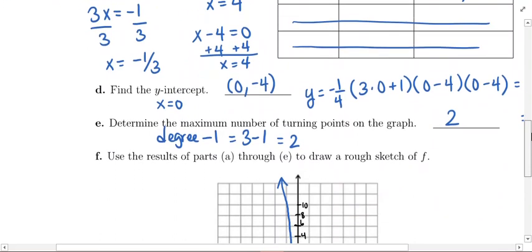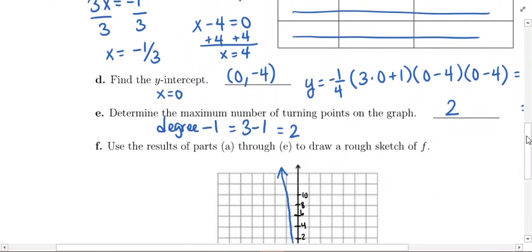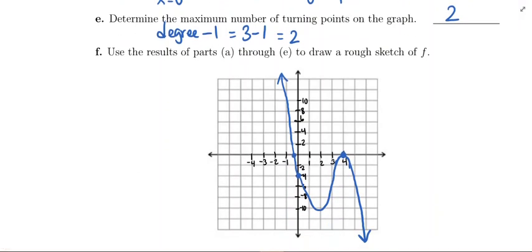Turning points. Is there no more than 2 turning points? Those are places where you change from decreasing to increasing or from increasing to decreasing. I'm going to trace the curve from left to right and mark every turning point with a red X. I am falling here, so we're decreasing until right here.